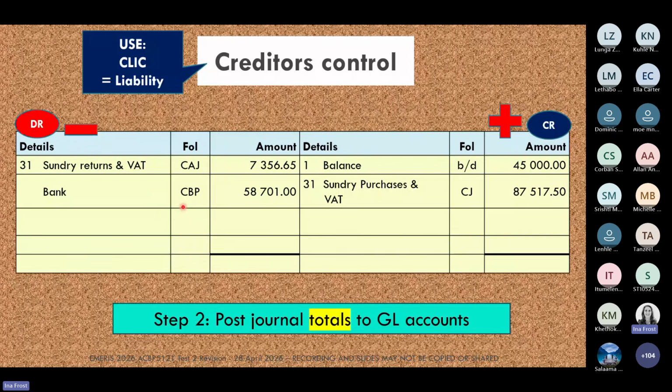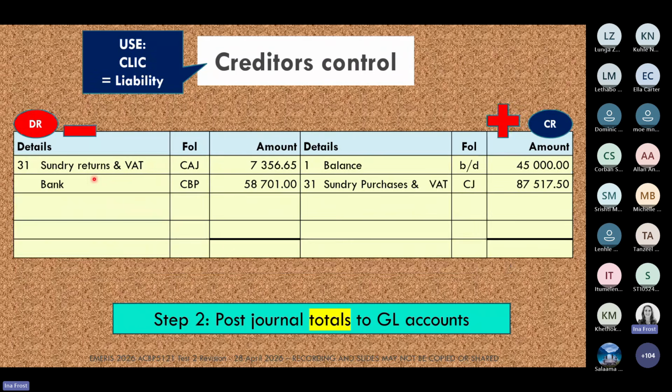Just take note again of the details. So for the creditors journal, the details reads sundry purchases, because remember it is inventory and anything else bought on credit. On this side, it reads sundry returns, because again, it can be inventory or other items returned to suppliers.